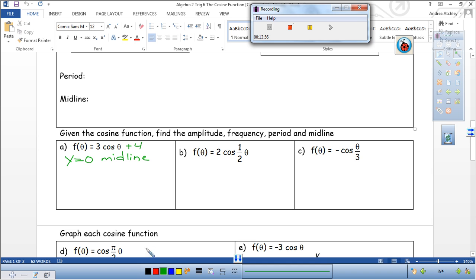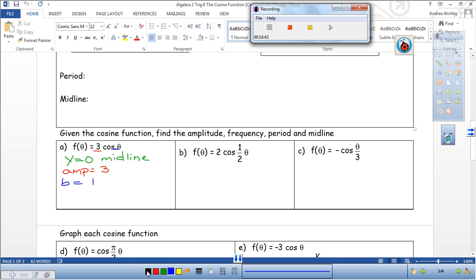Carly, what's my amplitude then in this equation? 3, very good. Bianca, what is my frequency then? Okay, it's the number for the cosine. It's 1. Since there's nothing written in, it's 1.